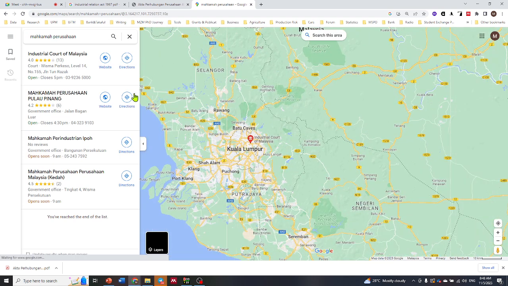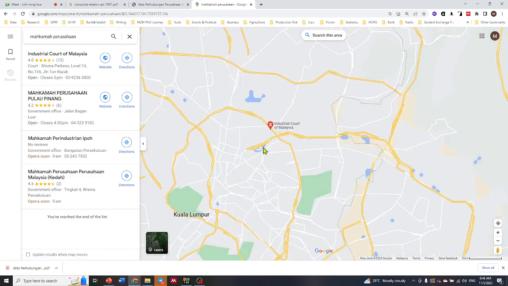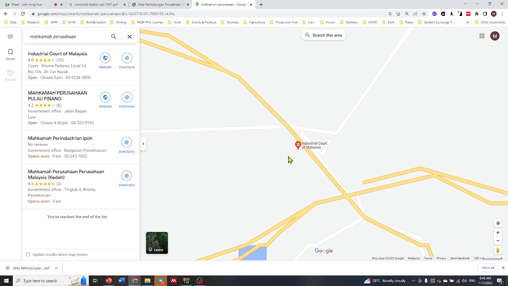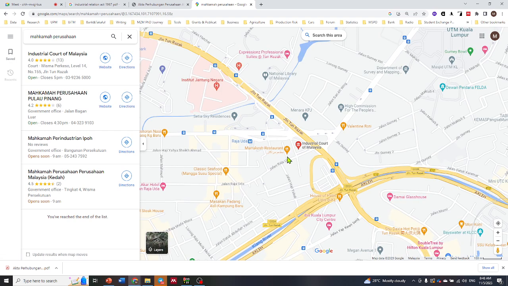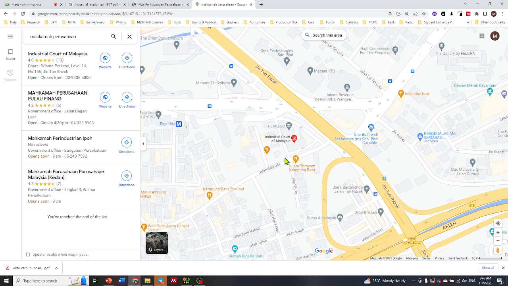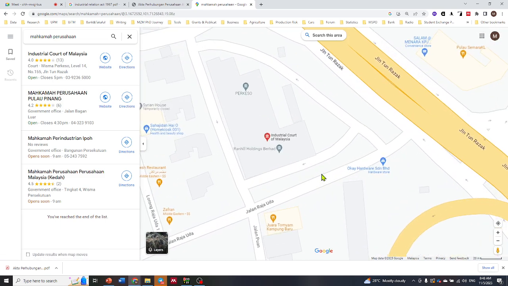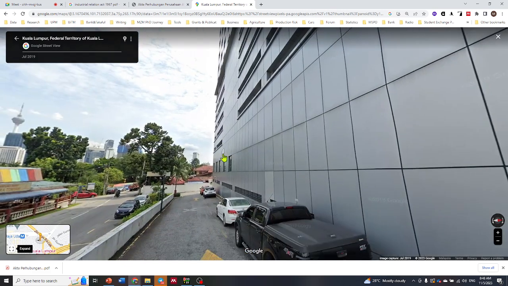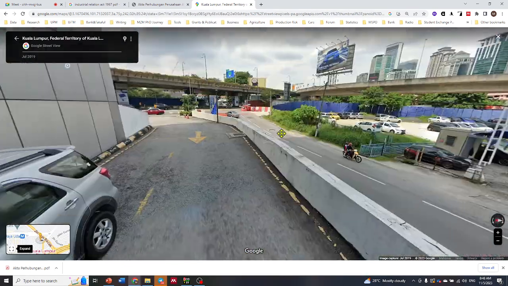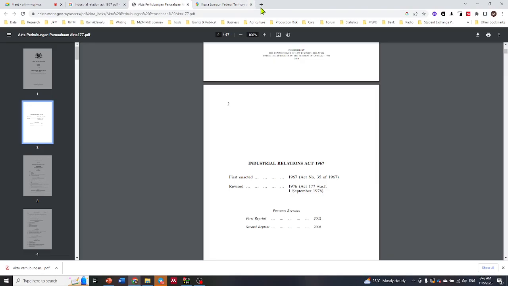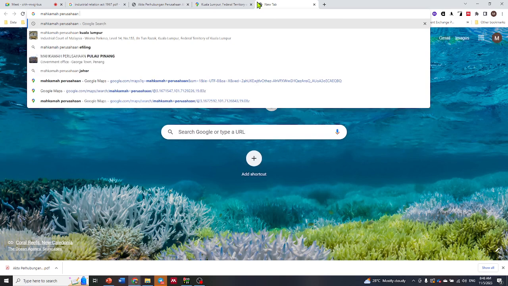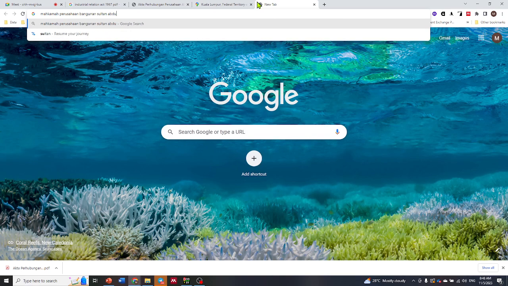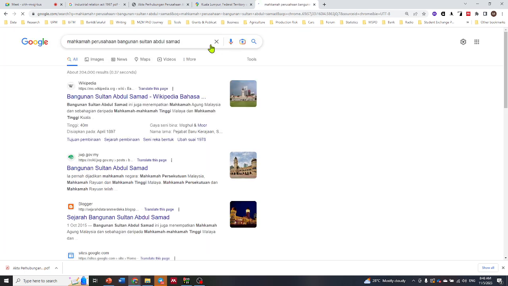Setiap negeri ada mahkamah perusahaan masing-masing? Cuma yang utamanya... Oh, Wisma Perkeso ni. Dah tutup lah.